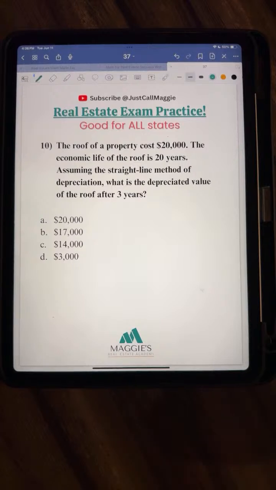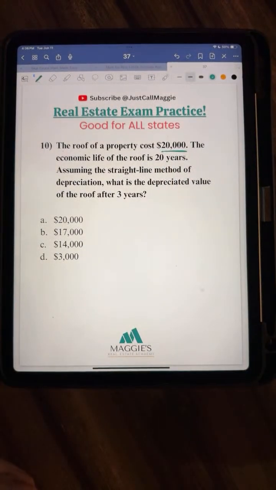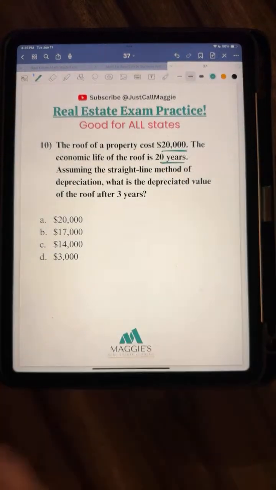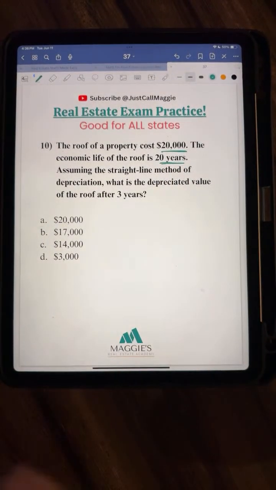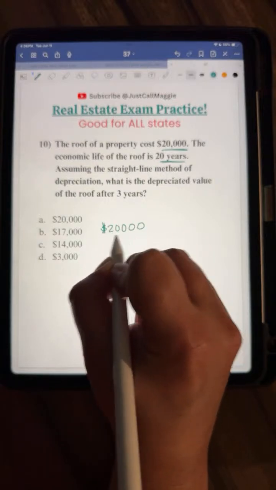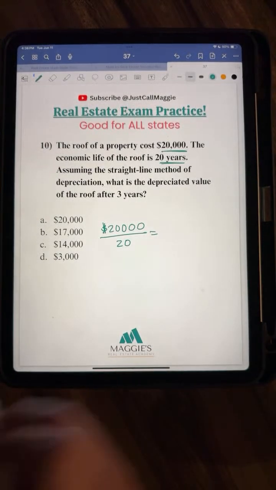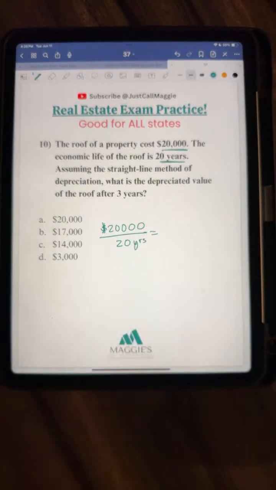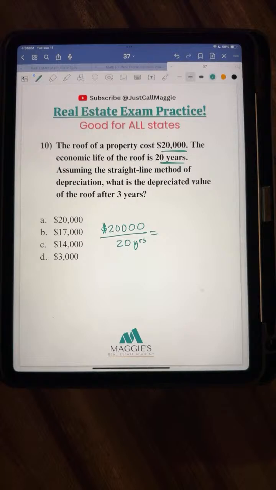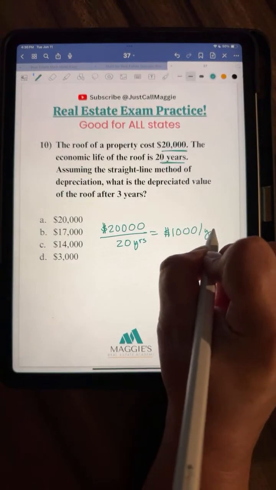So what I do here is I'm going to take the cost of the roof and its economic life, right? And find out how much it is per year. So that is going to give me $1,000 per year.